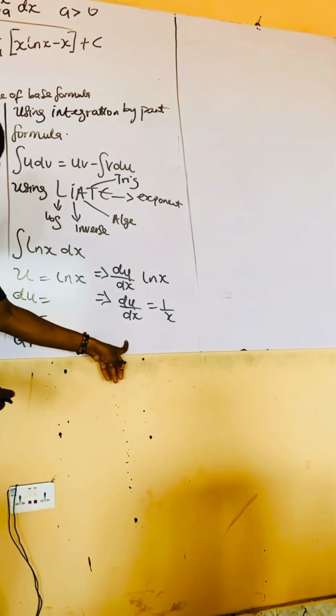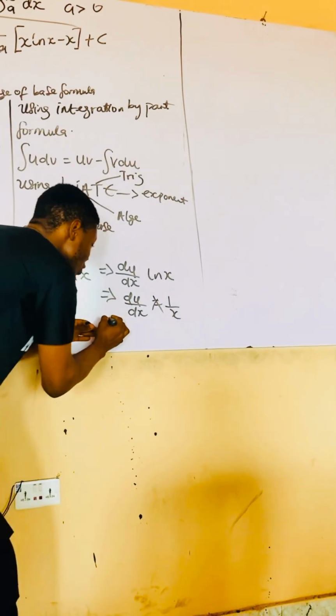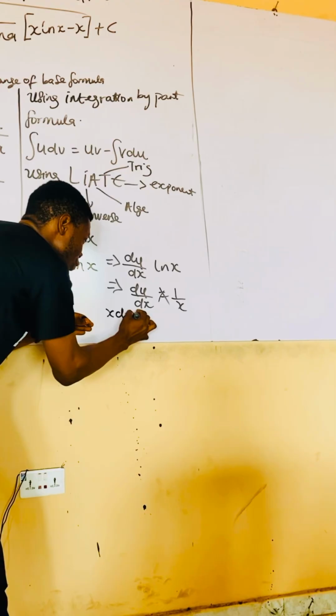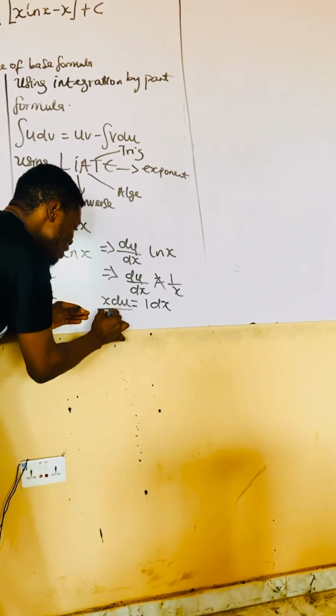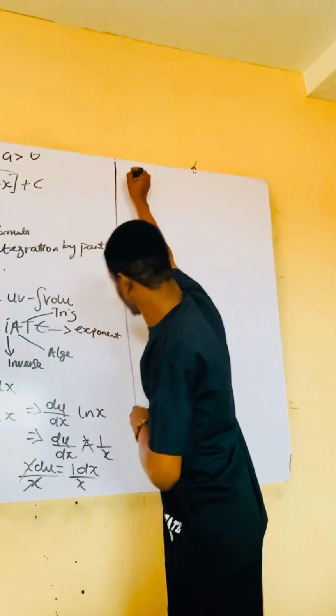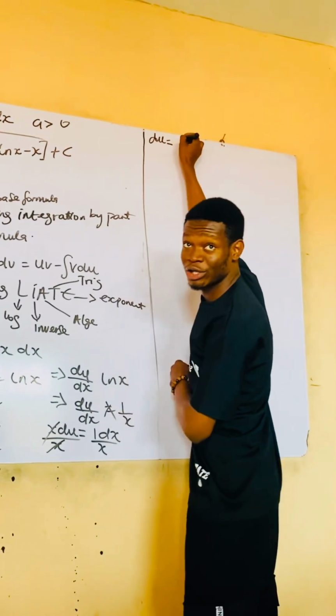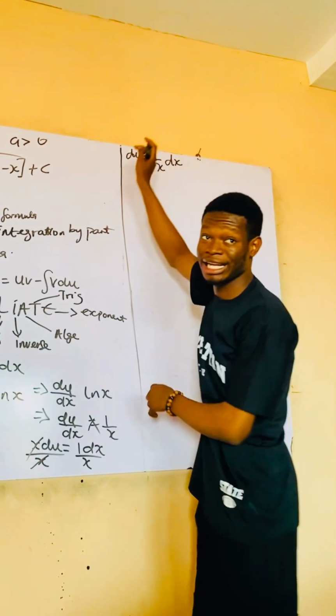What are we looking for? Our du. We cross multiply, right? So we are going to have x du is equal to 1 dx, right? We divide both sides by x. Our du will give us 1 all over x dx, okay?